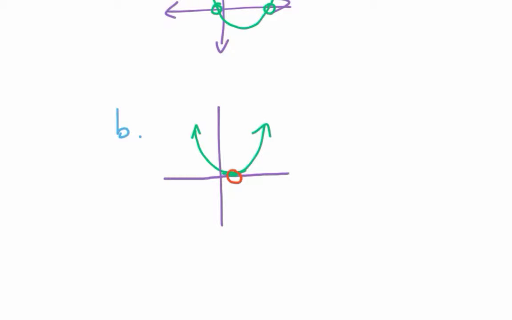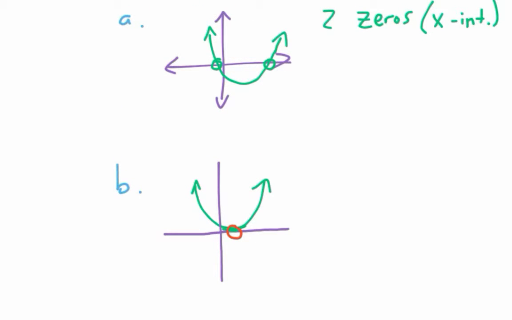Or maybe a parabola like this in blue, where it comes up, just touches it once, and then heads back down. So either that green or that blue, both have just one x-intercept, yes? So this one has 1, 0, or 1 x-intercept.